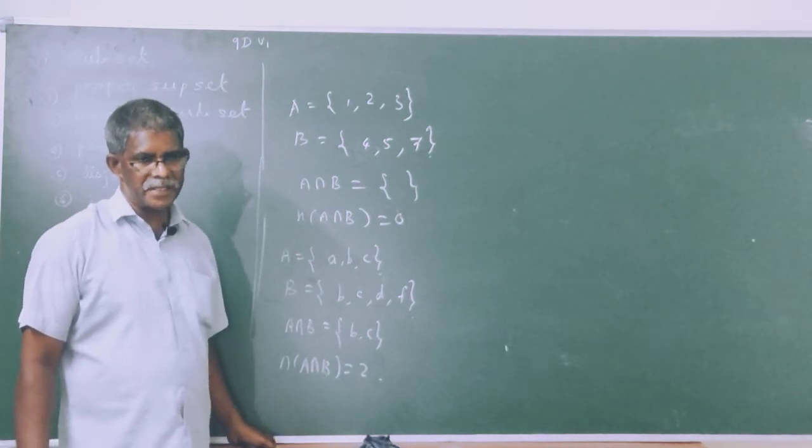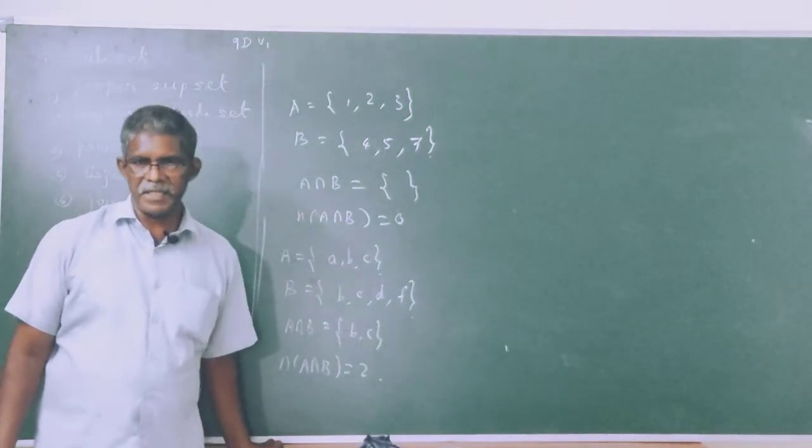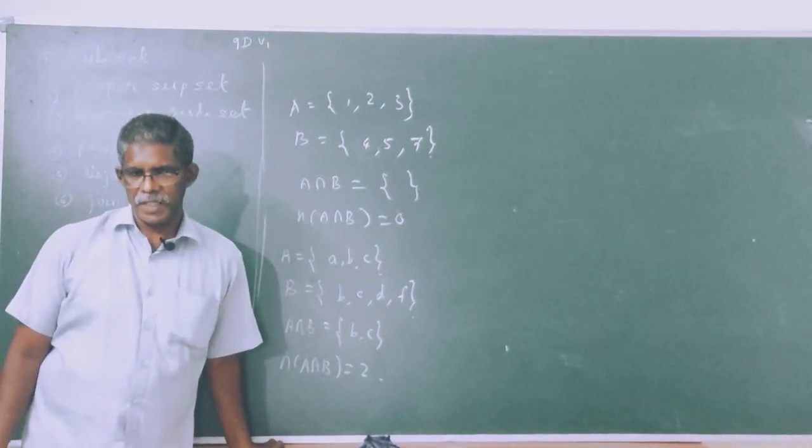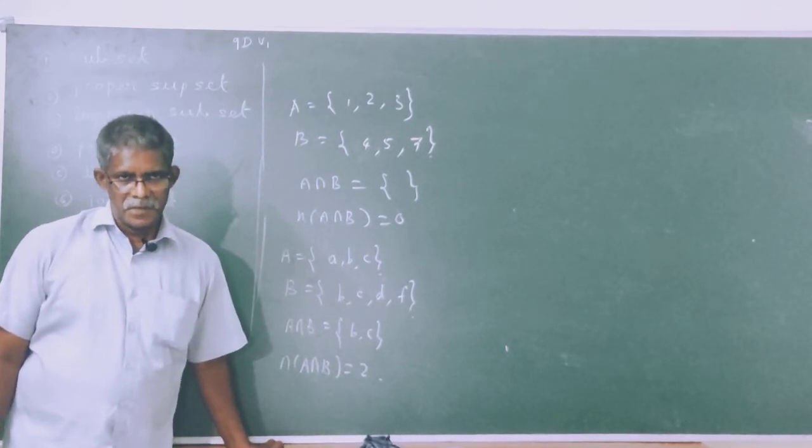So here A and B are joint sets, because A and B have common elements. For a joint set, the number of elements in A intersection B is not equal to 0; it is greater than 0. Then the two sets are called joint sets.